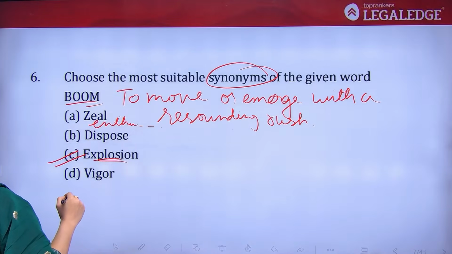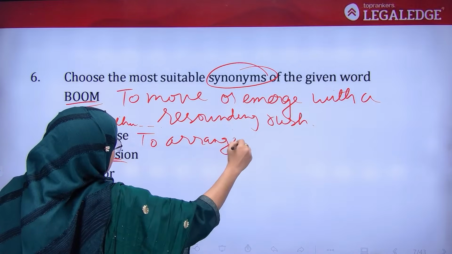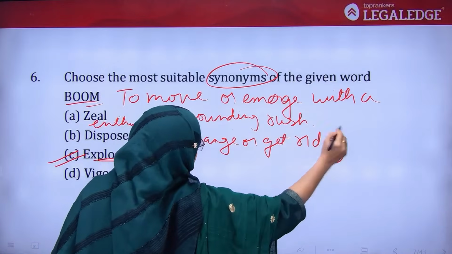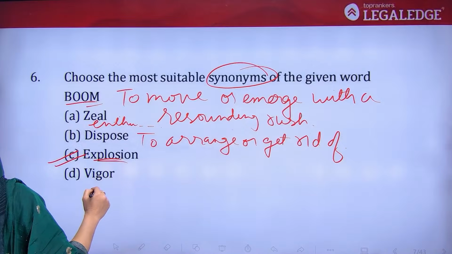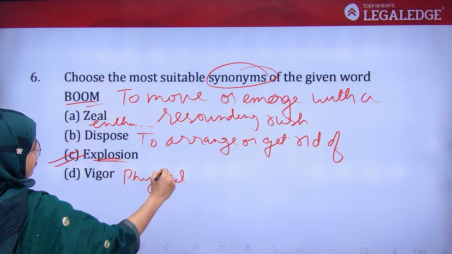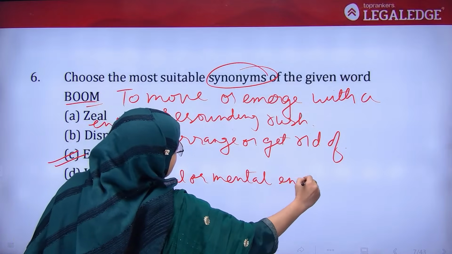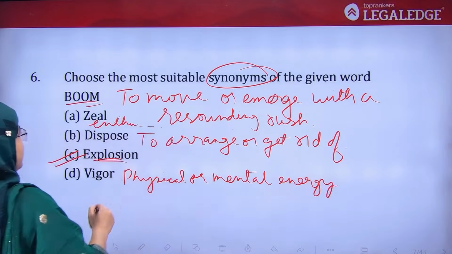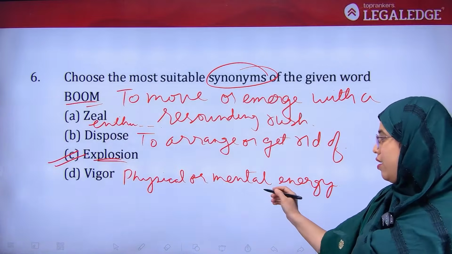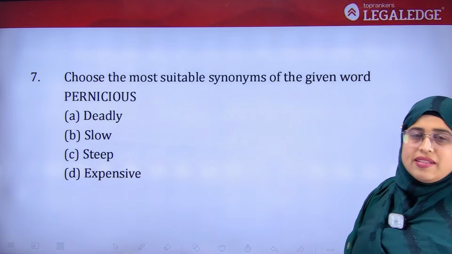Now, dispose is to arrange or get rid of, or get rid of, and vigor basically is physical or mental energy. So physical and mental energy, sorry. So here that's what we call vigor. Now students, next question again on screen. This is around synonym.